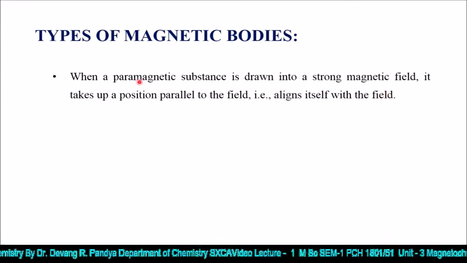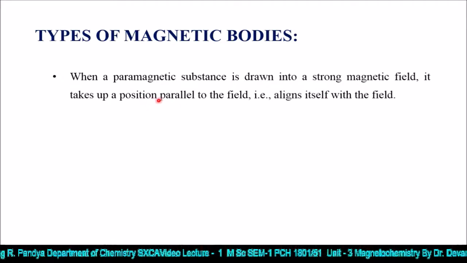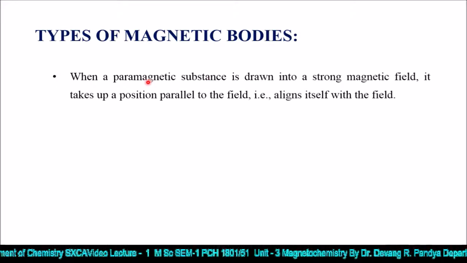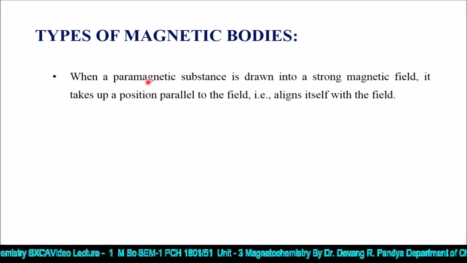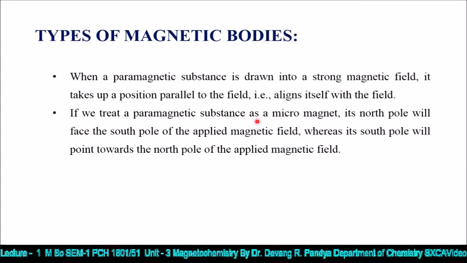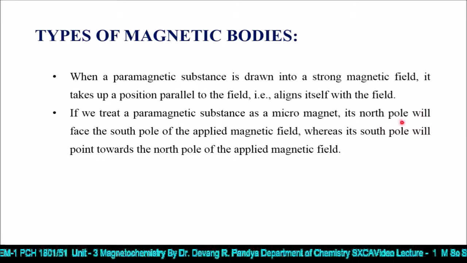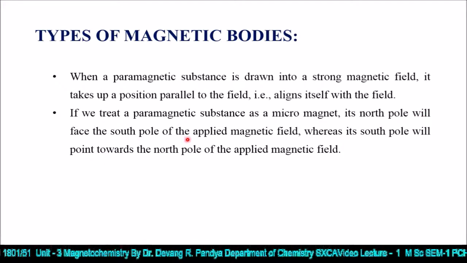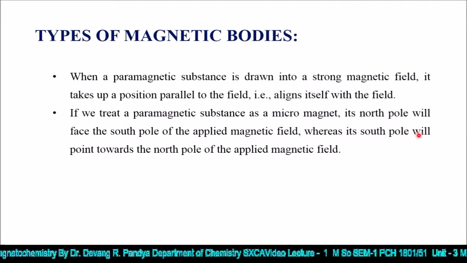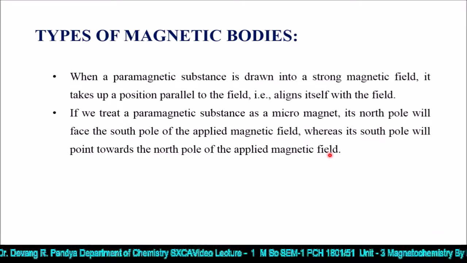We can consider that the substance which orients parallel to the applied magnetic field is paramagnetic in nature. If we treat a paramagnetic substance as a micromagnet, its north pole will face the south pole of the applied magnetic field, whereas its south pole will point towards the north pole of the applied magnetic field.